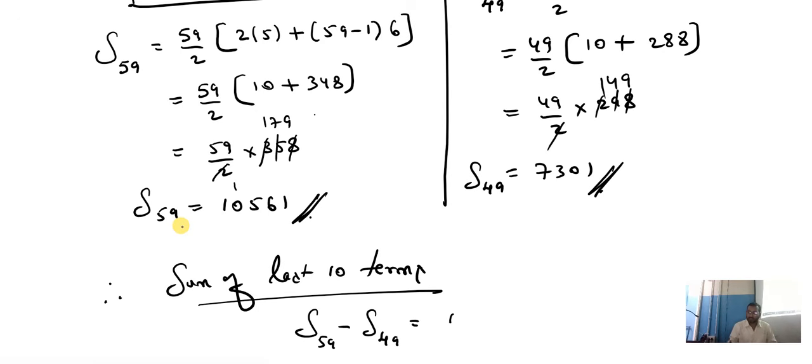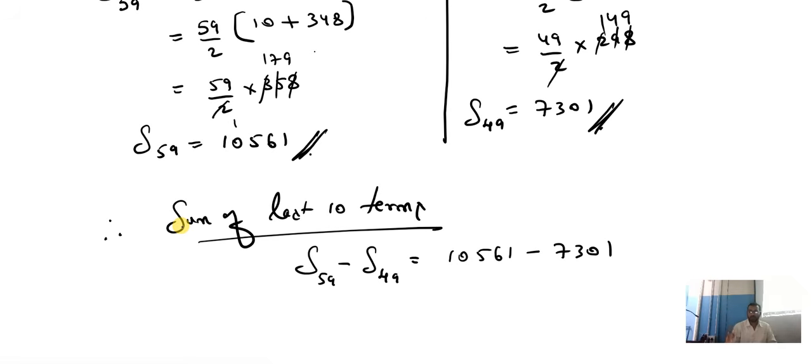So the S59 answer is 10,561 minus the sum of first 49 terms, 7,301. Now the answer is 3260. Yes, this is our final answer. That's it. 3260, correct, sir. Okay, done. So this is the final answer.